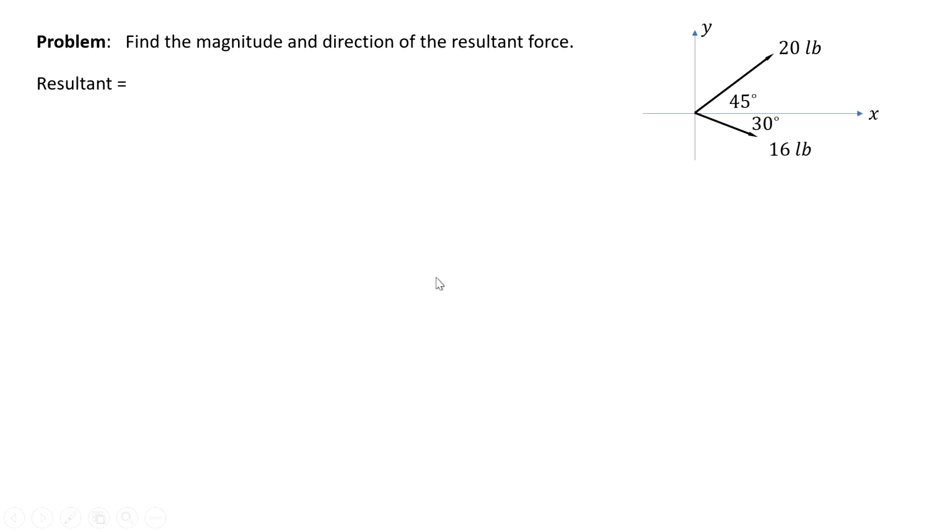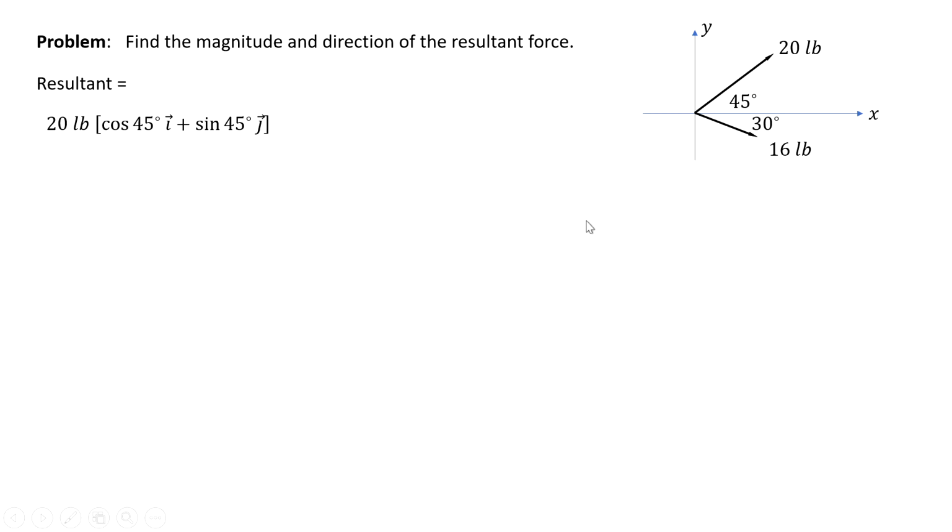Resultant is nothing but expressing this 20-pound force in component form. Can we do that? Yeah, we know its angle with respect to the positive x-axis is 45 degrees. So the x component would be 20 times cosine of 45, and the y component would be 20 times sine of 45. So 20 pounds times cosine of 45 degrees i plus sine of 45 degrees j.